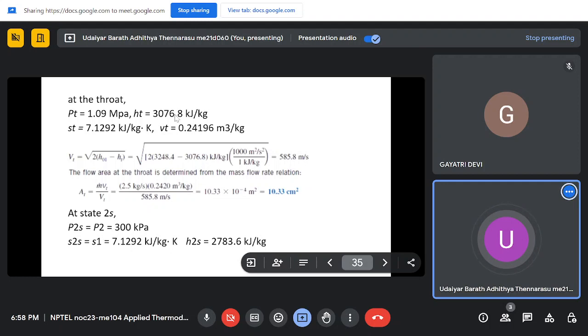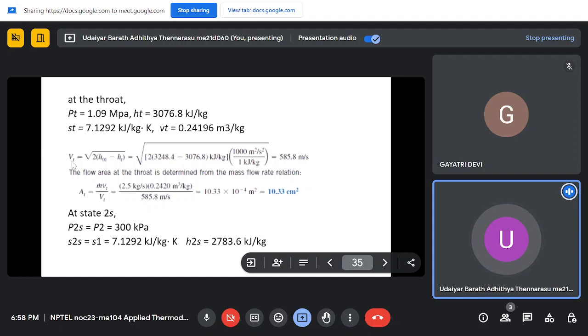So we know both. Now for the velocity, we know the stagnation enthalpy. We do an energy balance here: h01 equals h at the throat section plus the velocity square by 2. So the steady flow energy equation is basically: as the inlet velocity is negligible, the inlet enthalpy equals the outlet enthalpy plus v square by 2.